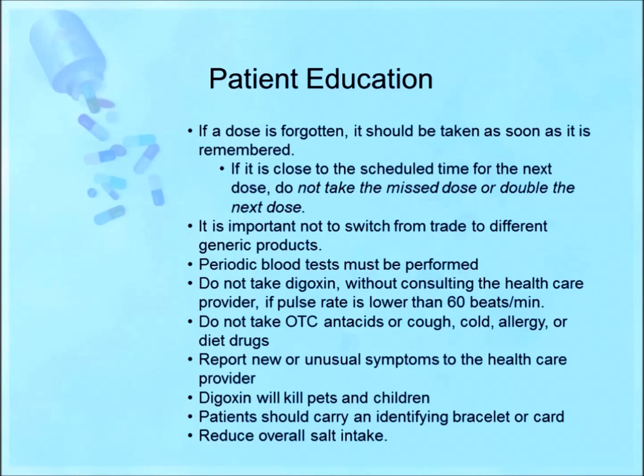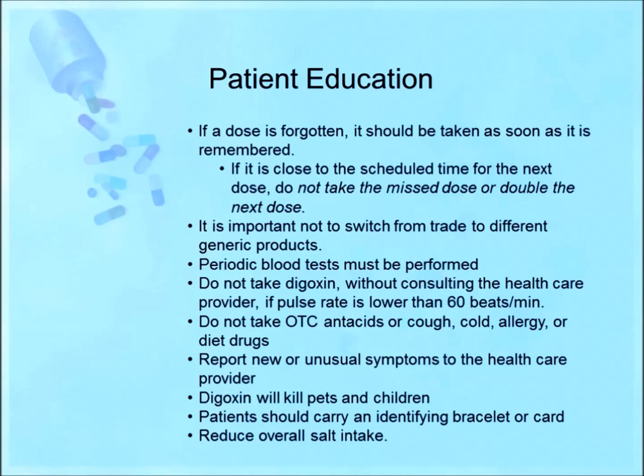For patient education, remind the patient to take the drug exactly as directed by the healthcare provider. If a dose is forgotten, it should be taken as soon as it is remembered. If it's close to the scheduled time for the next dose, the patient should not take the missed dose or double the next dose. It's important not to switch from the trade to generic forms.